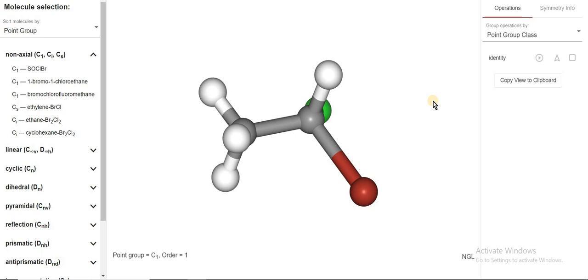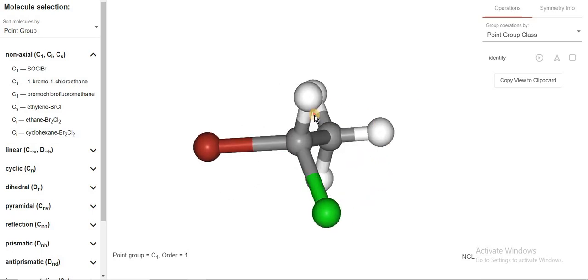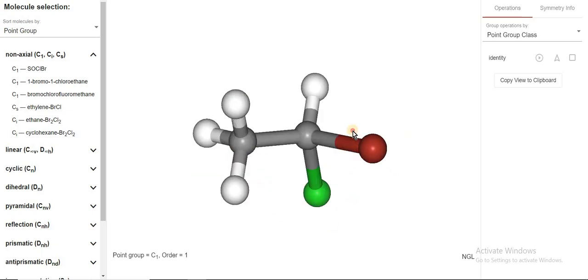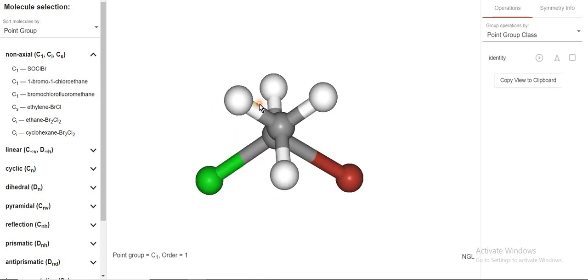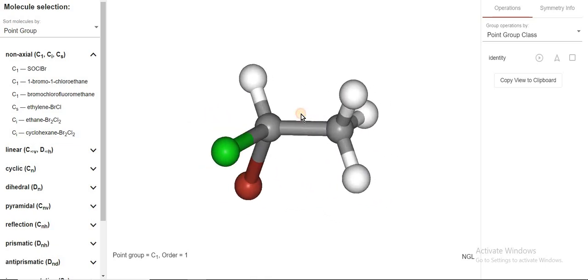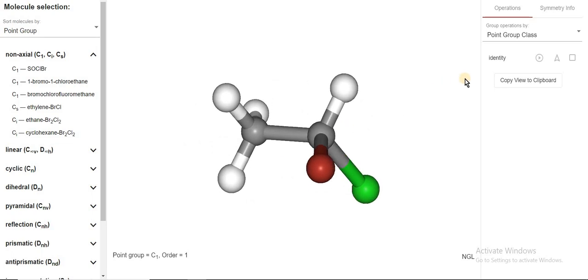There is only one symmetry element here, which is identity. There are no other symmetry elements. Every molecule has at least the identity element. If there are no other elements, there is an identity element, and for those molecules, the point group is C1. Identity operation is similar to operation C1.